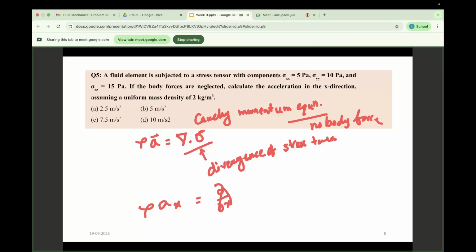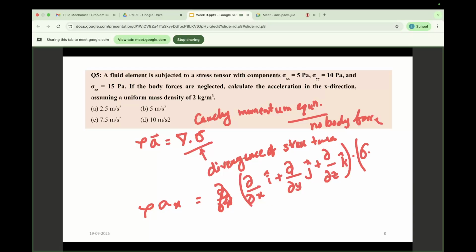This del means i cap, j cap, k cap, del dot the stress tensor.